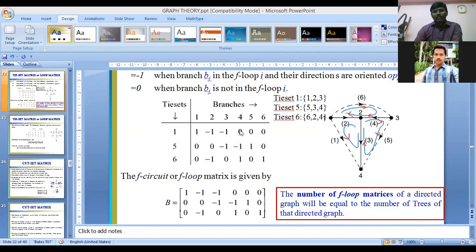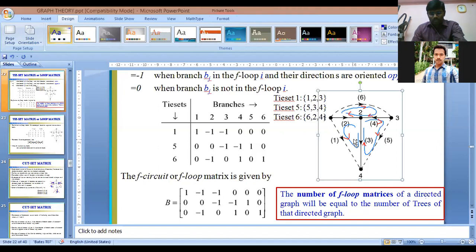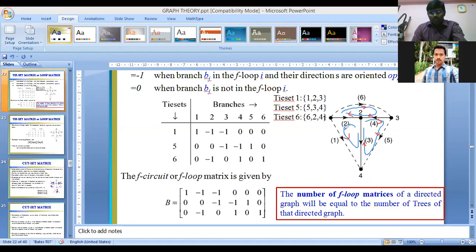If you separate it, you can find the matrix like this.